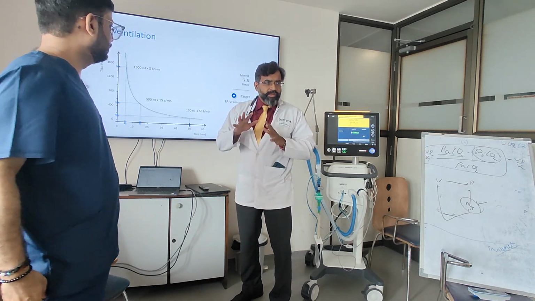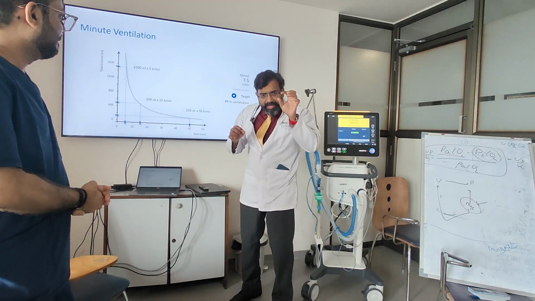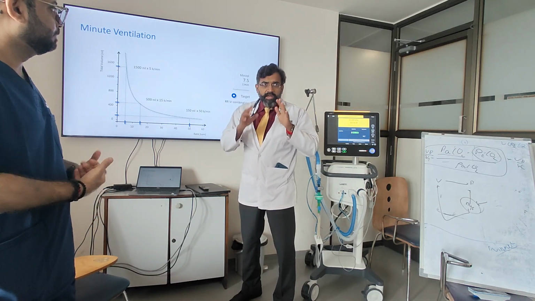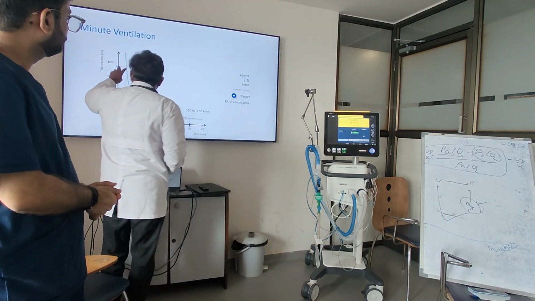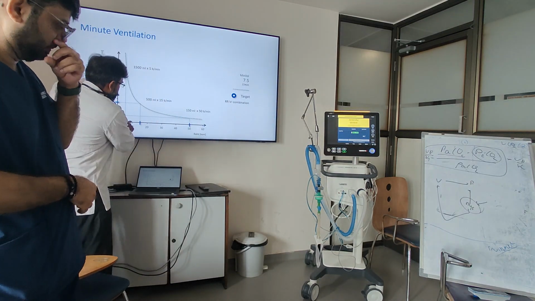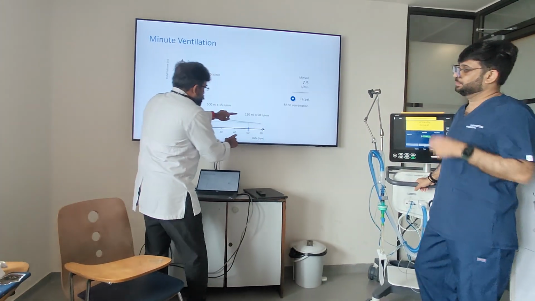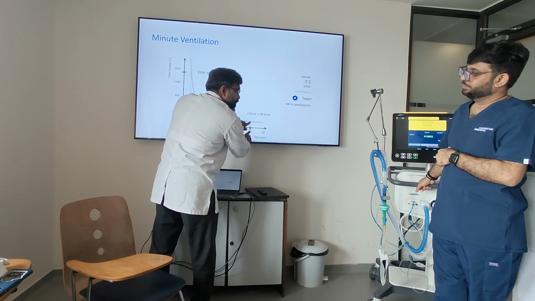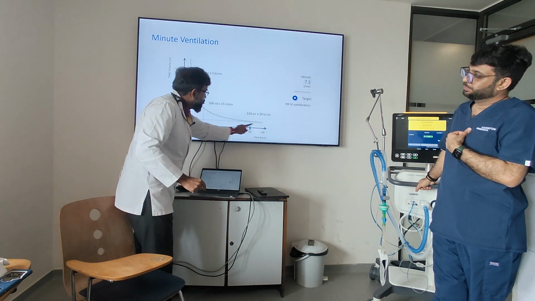There's a scientist who made this graph long ago, which says that for a given minute volume, there are a number of parameters that can make that minute volume. For example, you have 1500 ml and 5 breaths, and you have 50 breaths and 150 ml. So it plots all those points and gives you this particular graph.